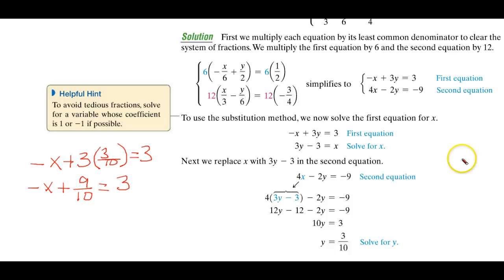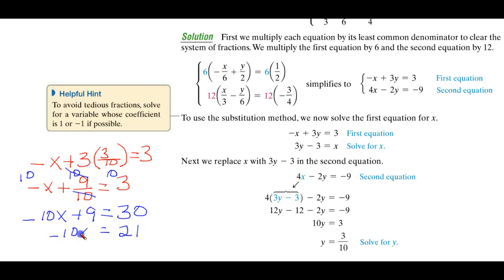Now let's get rid of the fraction as we did over here by multiplying everything by 10. So this is a negative 10x. Here the 10's cancel out, plus 9 equals 30. I'm going to transpose my positive 9 to the other side. Get a negative 9, so this is going to be 21.